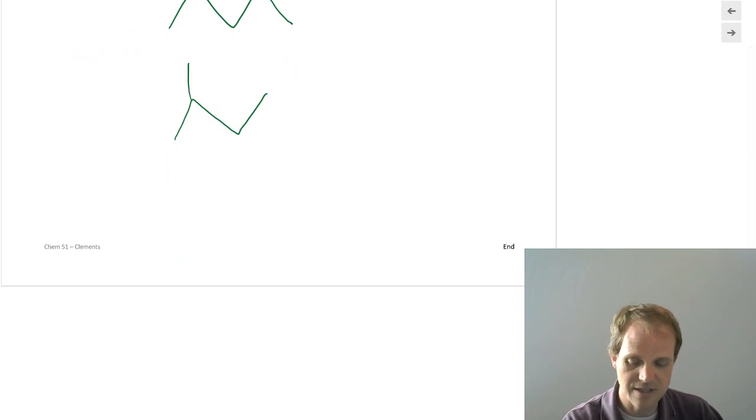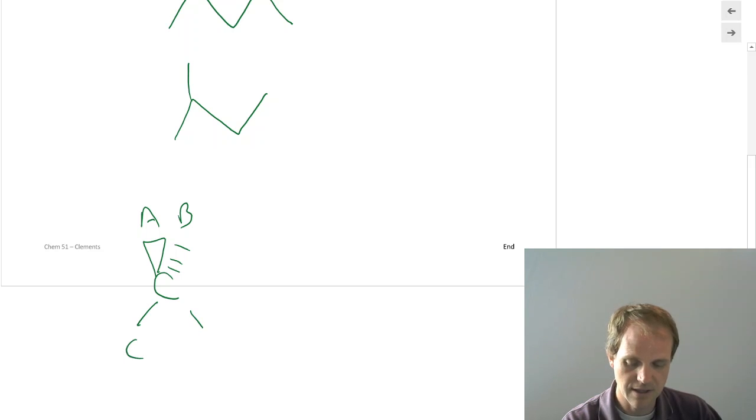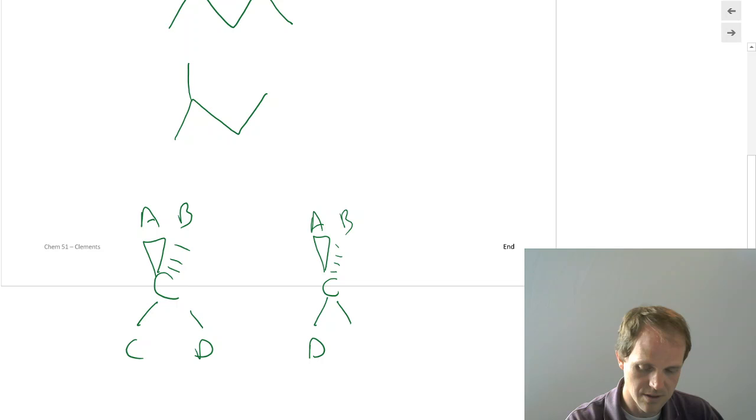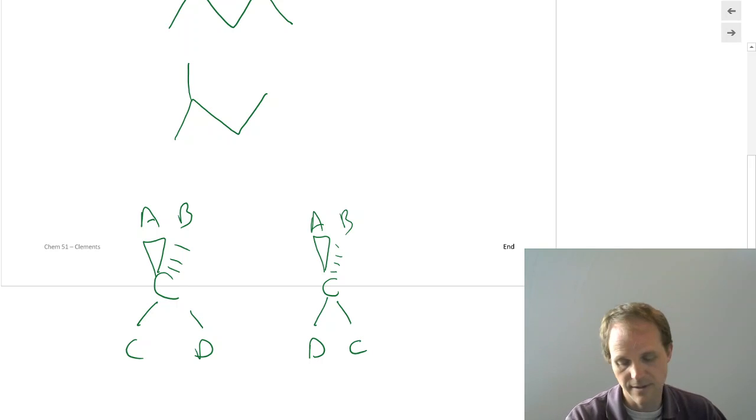Remember, the stereoisomer is where I had carbon or something else, and I had 4 different things attached: A, B, C, D. I used C again, and I didn't last time. I used D and E, but it's okay. You know what I mean.